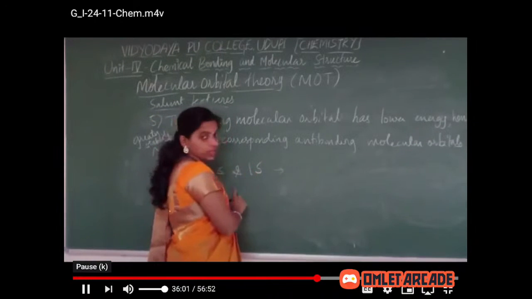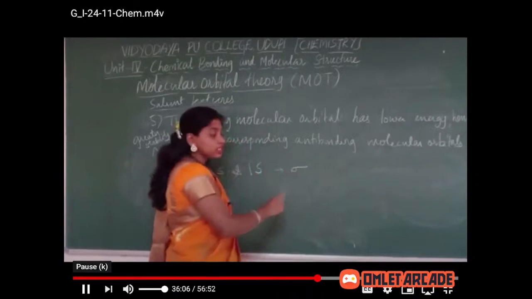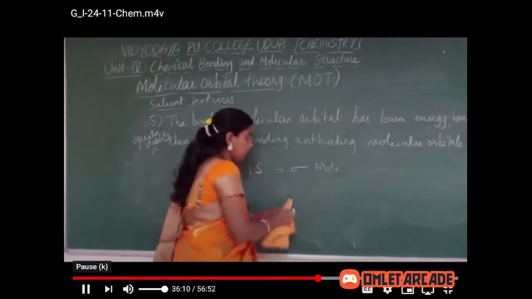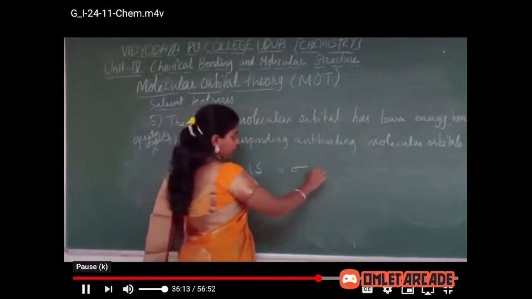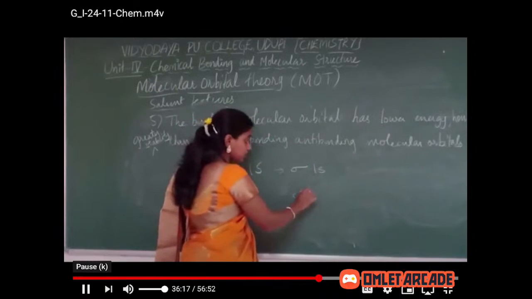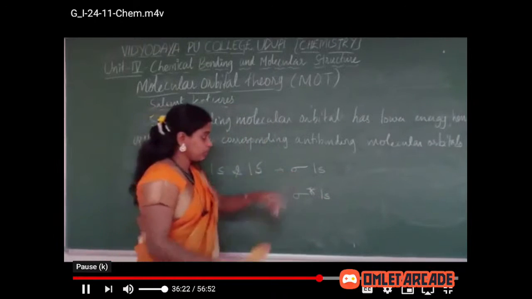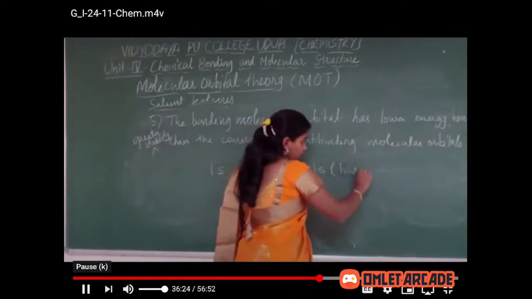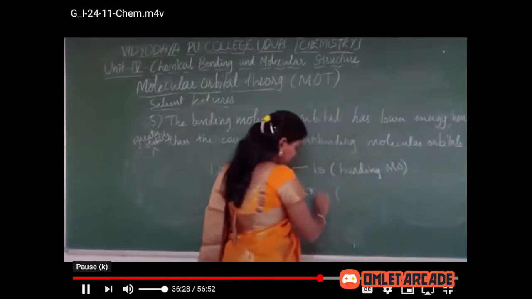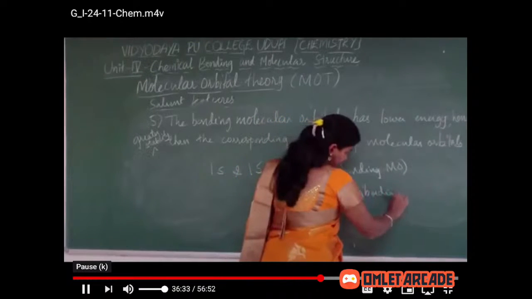The bonding molecular orbital of the s type is named sigma, that is sigma 1s, and sigma star 1s is the antibonding molecular orbital.